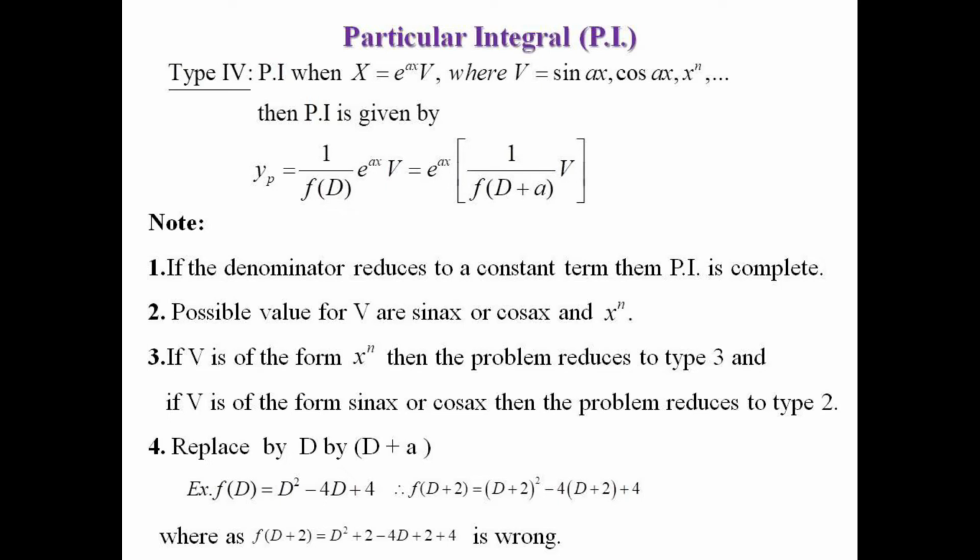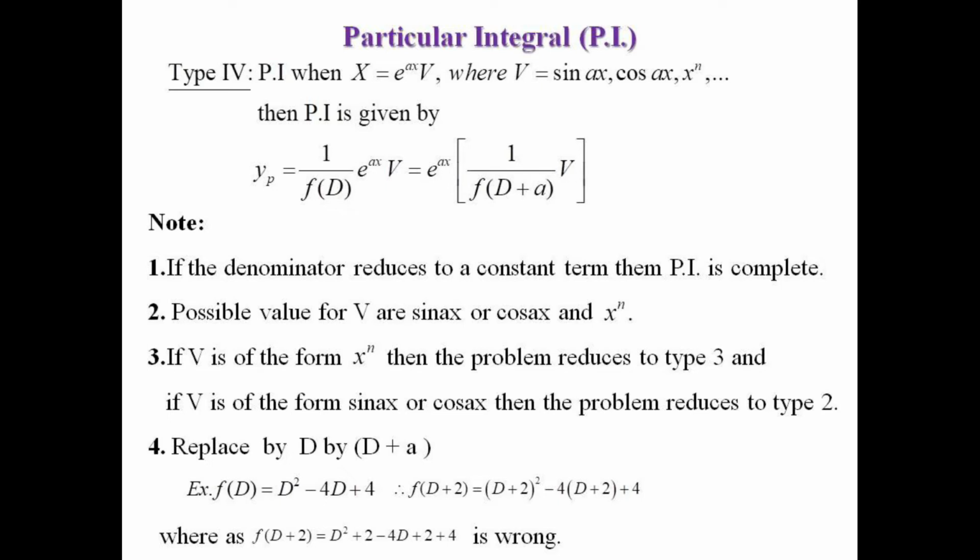And if the value of v is in terms of sine of ax or cos of ax, then the bracketed term 1 upon f of D plus a into v reduces to type number 2. That means for solving examples based on type number 4, we can take the help of type number 2 and 3.